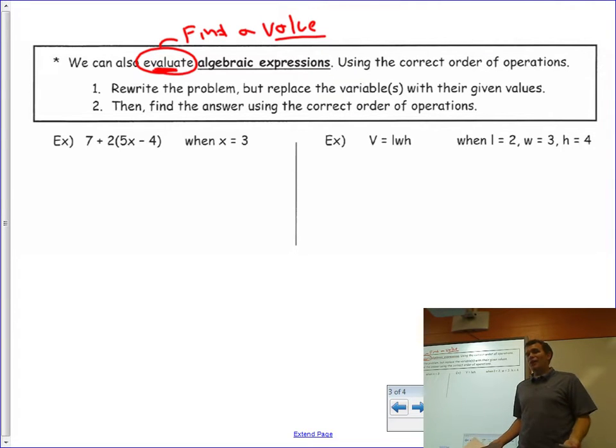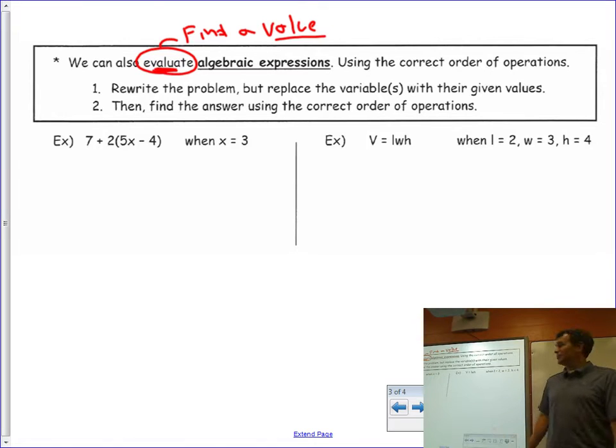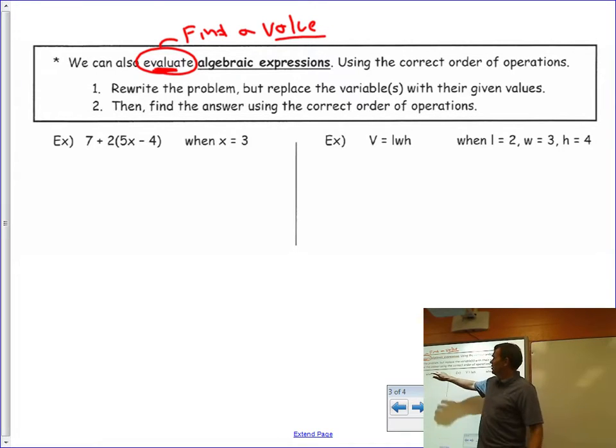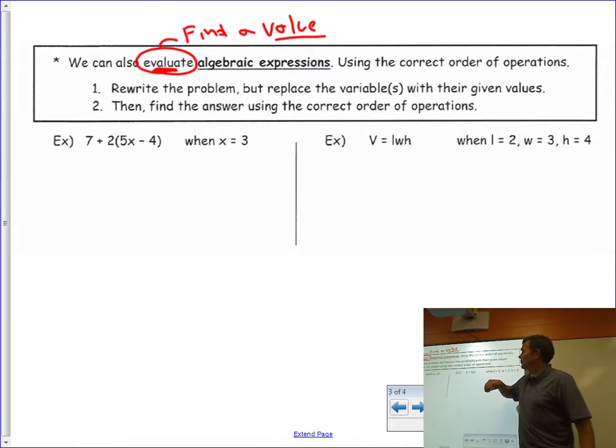So what that requires you to do is replace the variable with some number, then do the operations in the correct order to find a single value for the expression. So we are going to do step 1, rewrite the problem, but replace the variables. Then we're going to use the correct order of operations to find the answer.